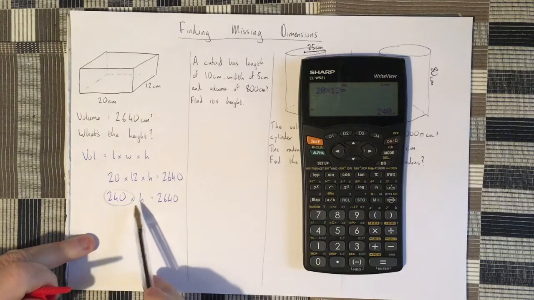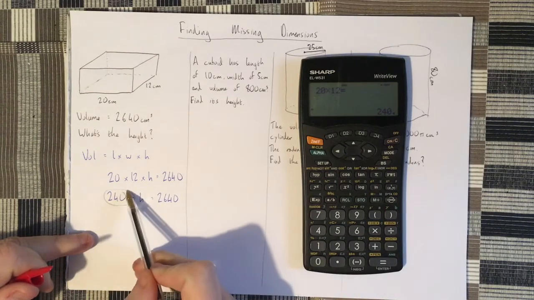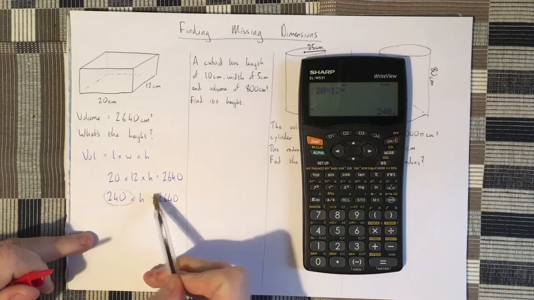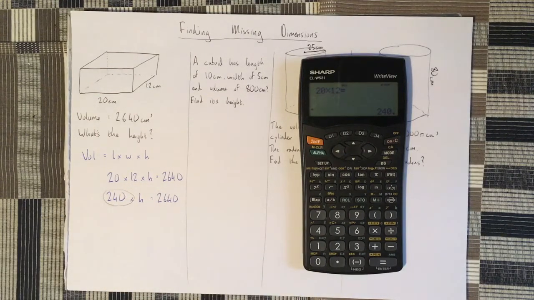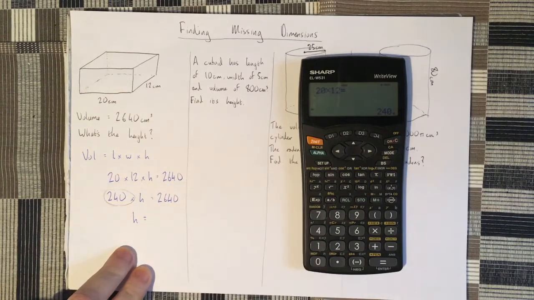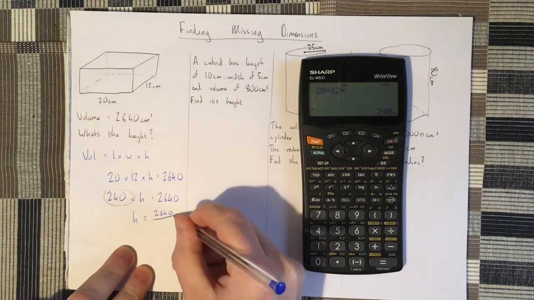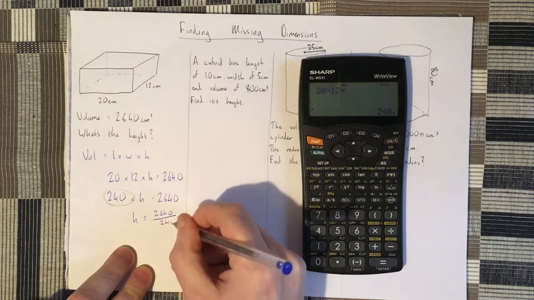When you move that over the equal sign, you do the opposite with it. What's the opposite of multiplying? It's dividing. So your next line is height is equal to 2640 divided by 240.